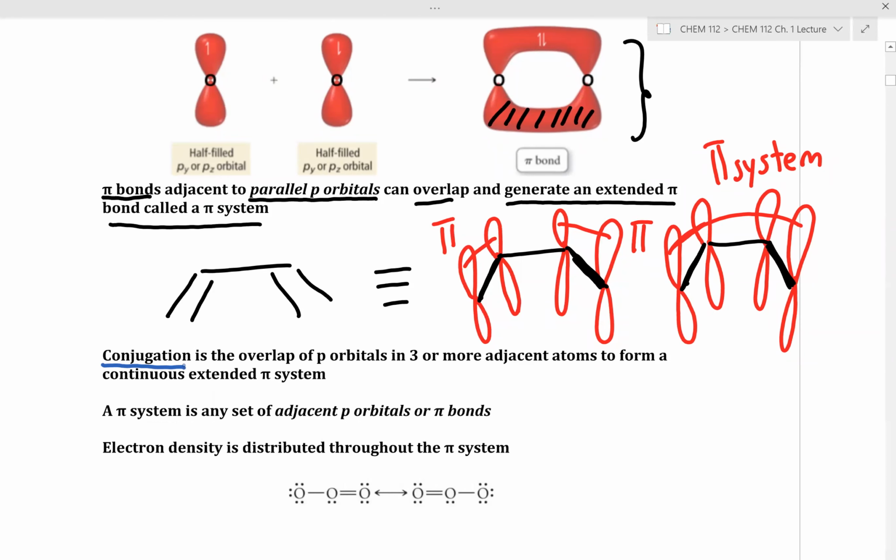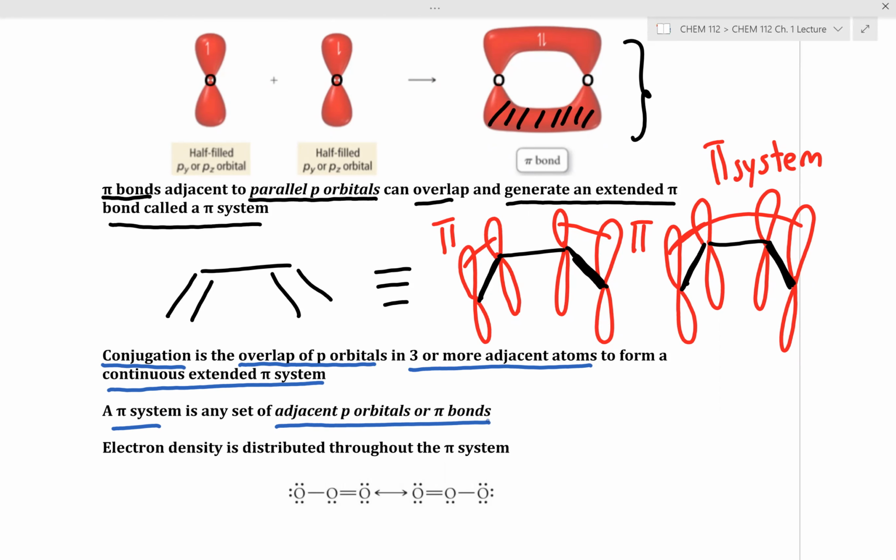So conjugation is the overlap of p orbitals in 3 or more adjacent atoms to form a continuous pi system. And a pi system can be defined as any set of adjacent p orbitals or pi bonds. Okay, we've actually seen cases of pi systems before.